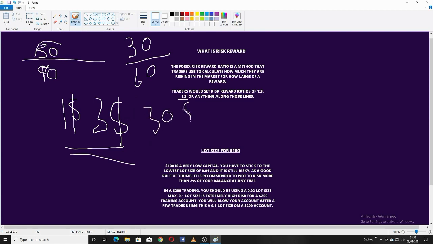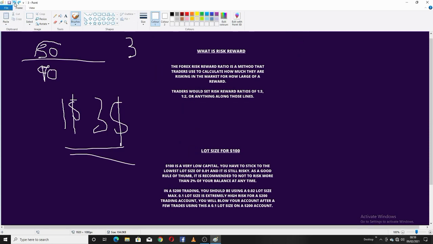Now let's change this from pips to dollars. I'm risking $30 to make $90. Now this is good risk reward.